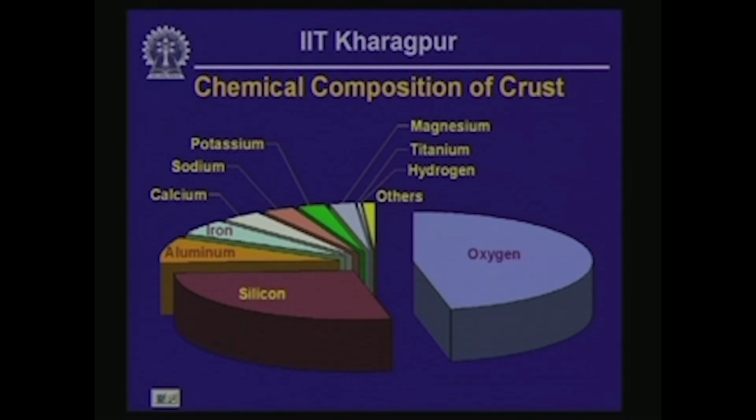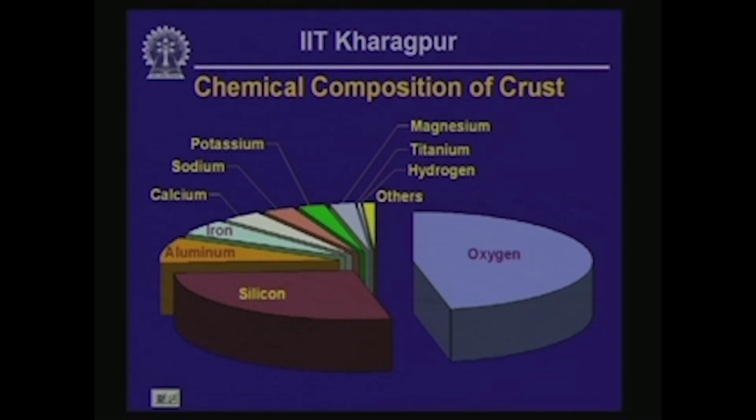A large part of the Earth's crust is composed of oxygen, and the second most abundant building block of the Earth's surface is silicon, as is shown on the pie chart of this particular slide.